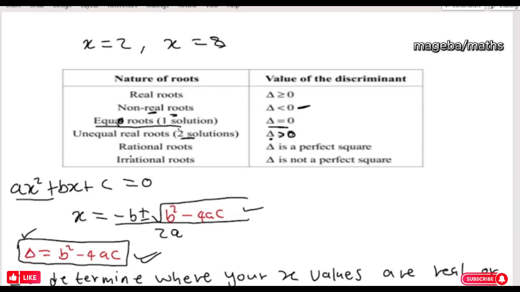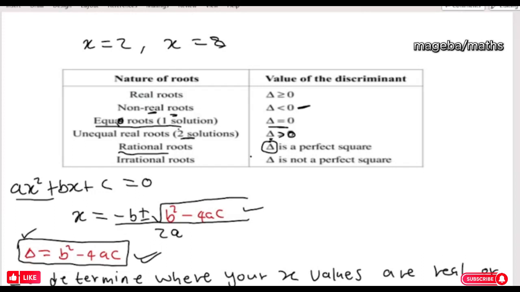Now, a rational root. If you're finding a rational root, your delta must be a perfect square. Perfect square numbers are numbers whose square root doesn't give you any decimal places. A perfect square number is like the square root of 4, the square root of 9, the square root of 16.